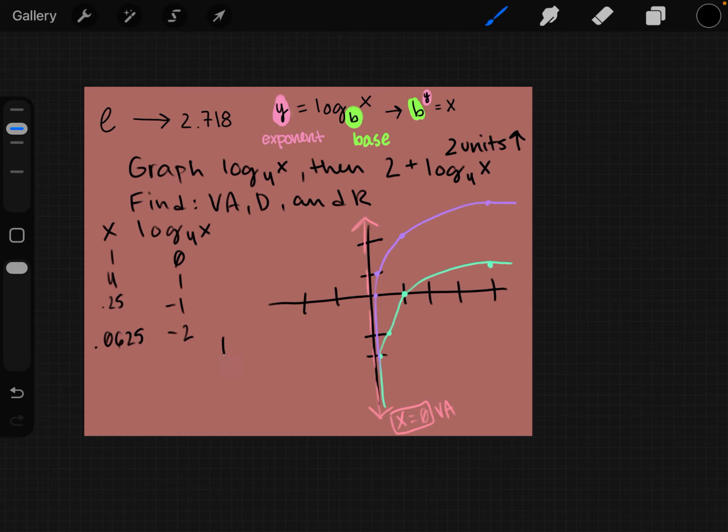The domain is where we can go on the x. So we start at 0 and then go to infinity. Range is the y. Now, because there's no horizontal asymptote going this way, that means it goes on forever. And the vertical asymptote is x is equal to 0.